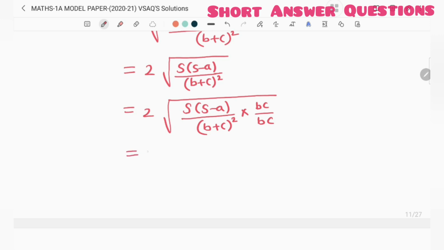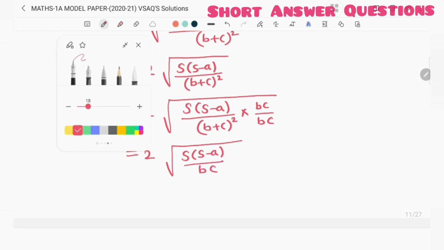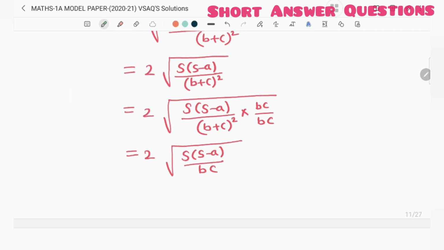Why I am multiplying and dividing, in the next step I will give the reason. Square root of s into s minus a divided by bc.